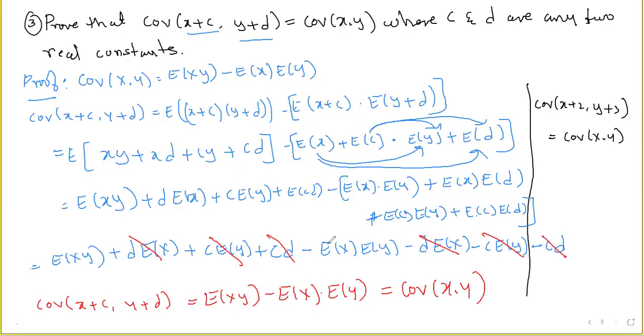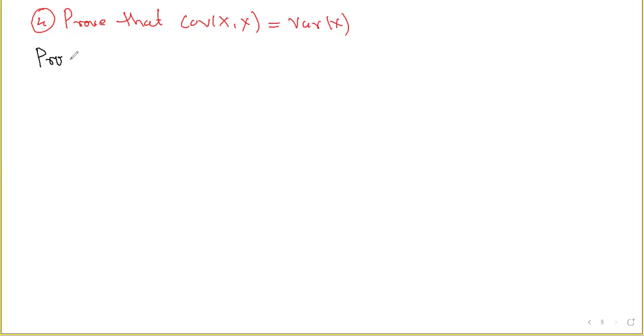So now we'll go for the next theorem, the fourth one. Prove that covariance of the same random variable, covariance of x comma x, is nothing but variance of x. Now we're going to prove this theorem.